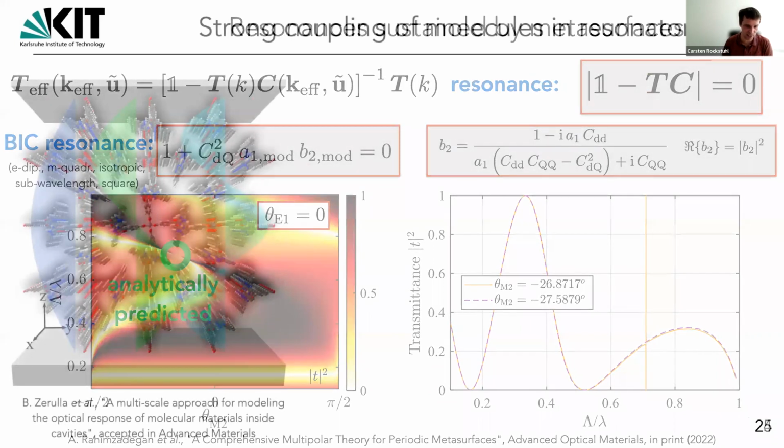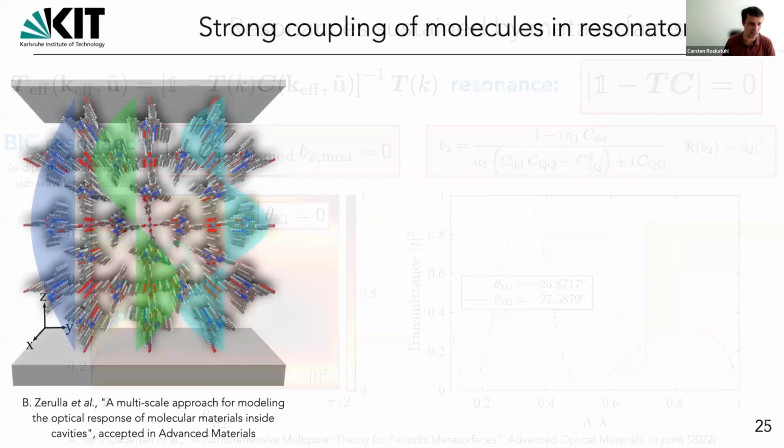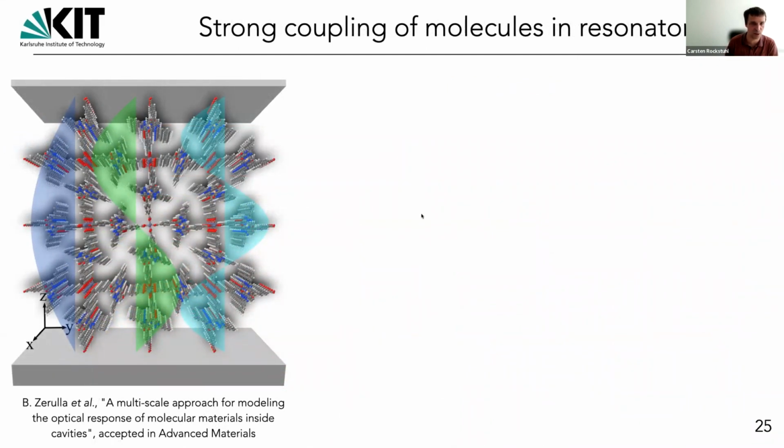For the last examples, I would like to spend a bit of time on the multi-scale modeling also. One of the first applications where we have been applying it was to answer the question of whether we can actually observe strong coupling in a layer of molecular material if this is coupled to a resonator.